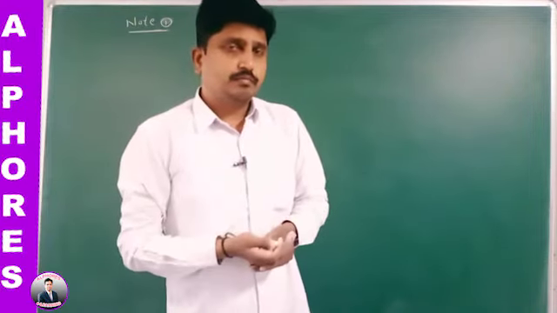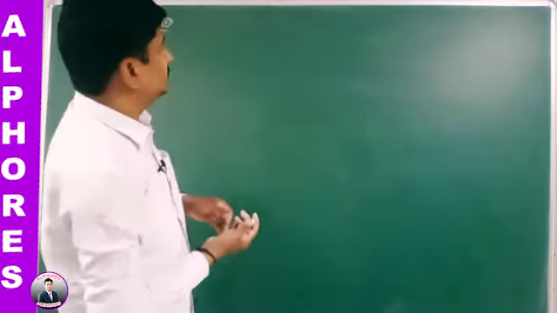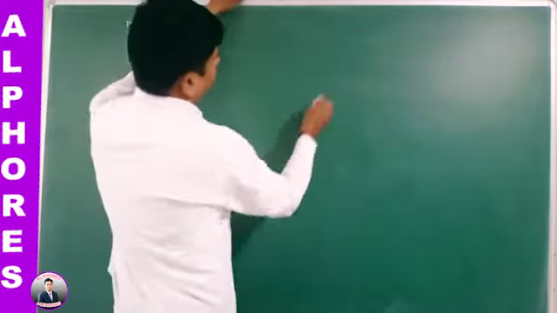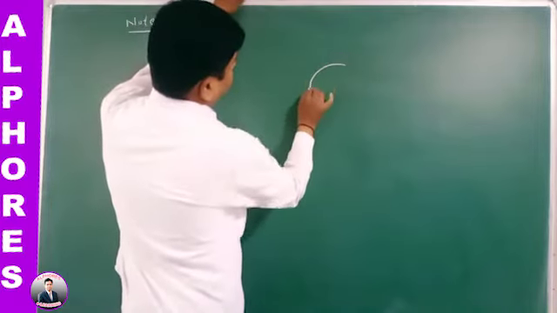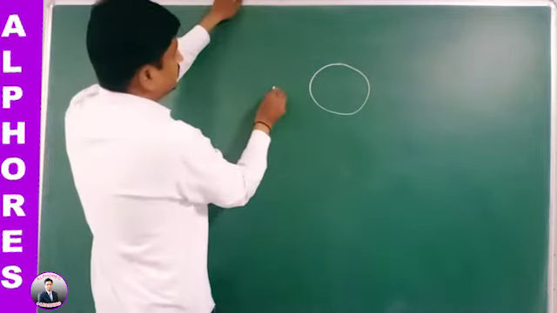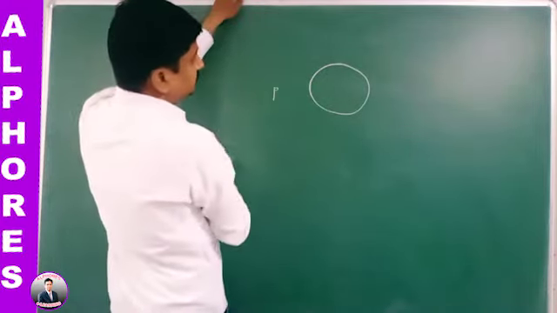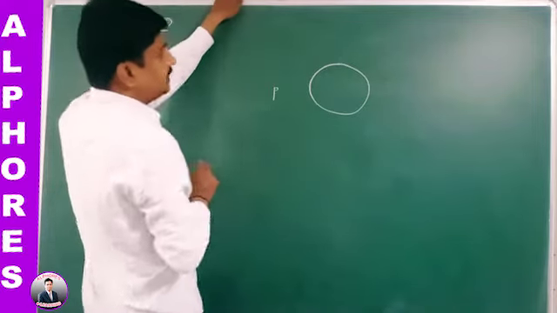Okay, some important points about pole and polar. Here this is the circle S equal to 0. P is any point in the plane.